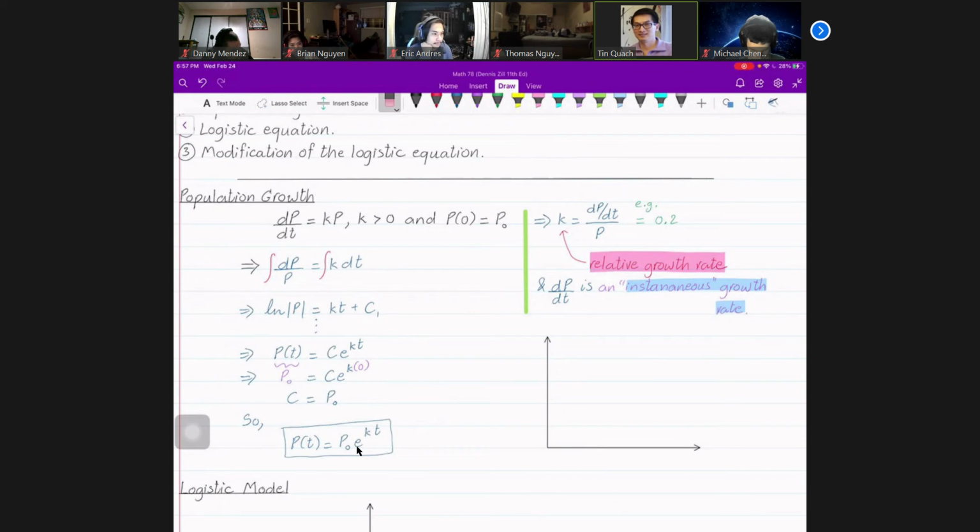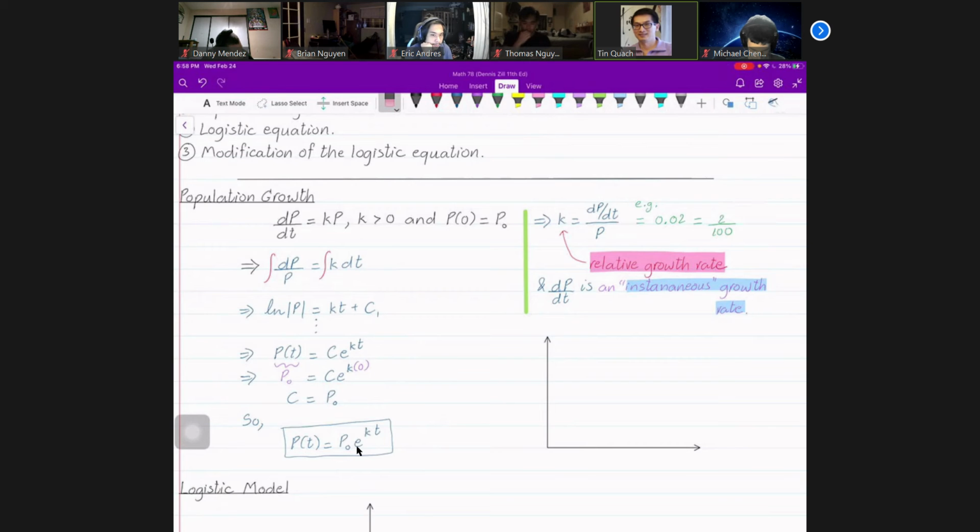I meant 0.02. If you write it as a fraction, that is 2/100. So what that means is when the population size is 100, when there are 100 people on that island, the population is growing at a rate of 2 people per whatever the time is.